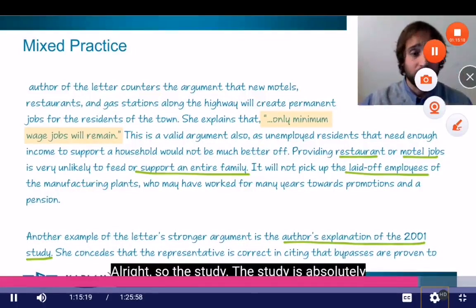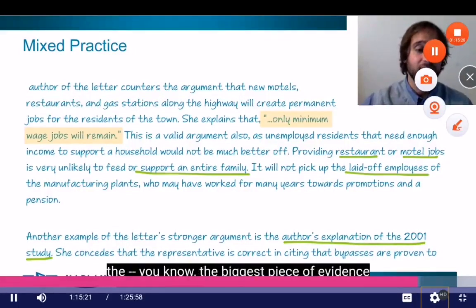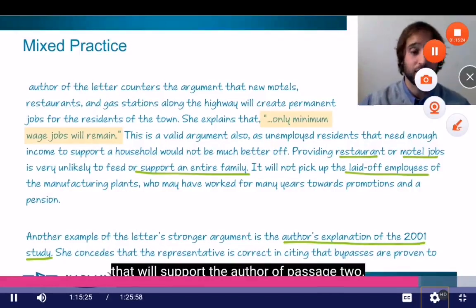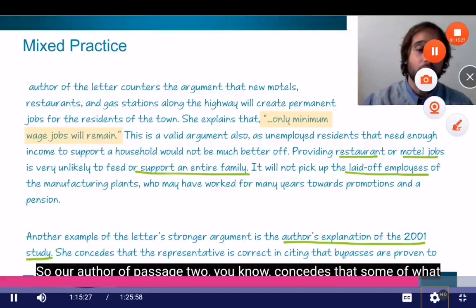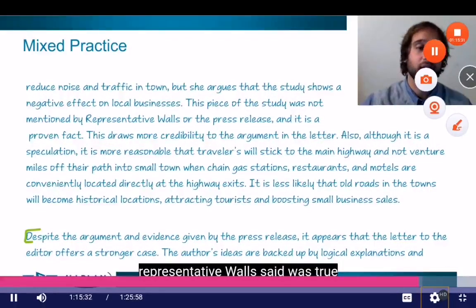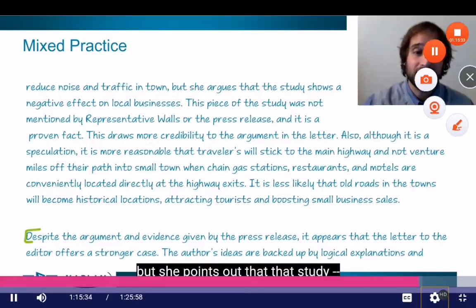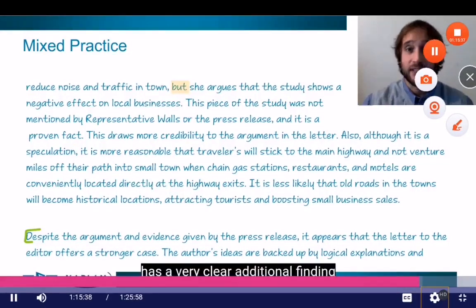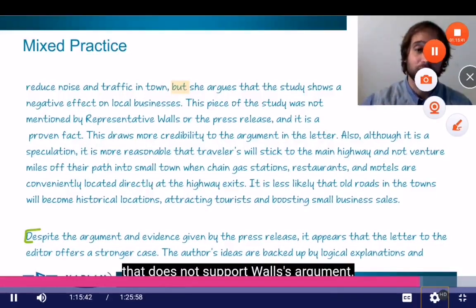All right, so the study. The study is absolutely the biggest piece of evidence that will support the author of passage 2. So our author of passage 2 concedes that some of what Representative Walls said was true. But she points out that that study has a very clear additional finding that does not support Walls' argument.